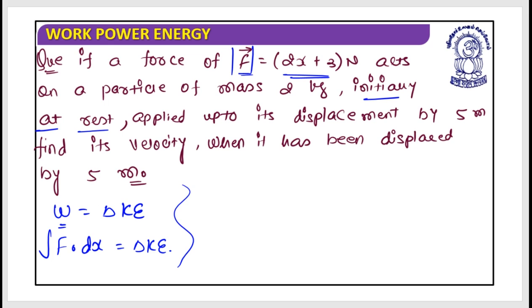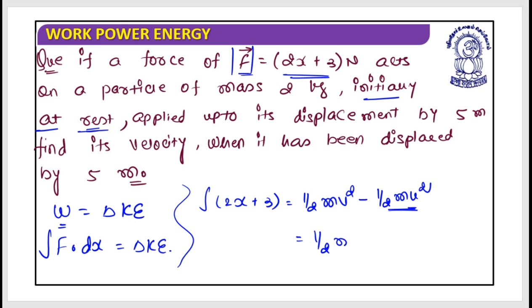Let's just do it. This is integration of 2x plus 3, that should be equal to half mv square minus half mu square. They have mentioned that it is initially at rest, so this complete term would be 0, so it has been left with half mv square.